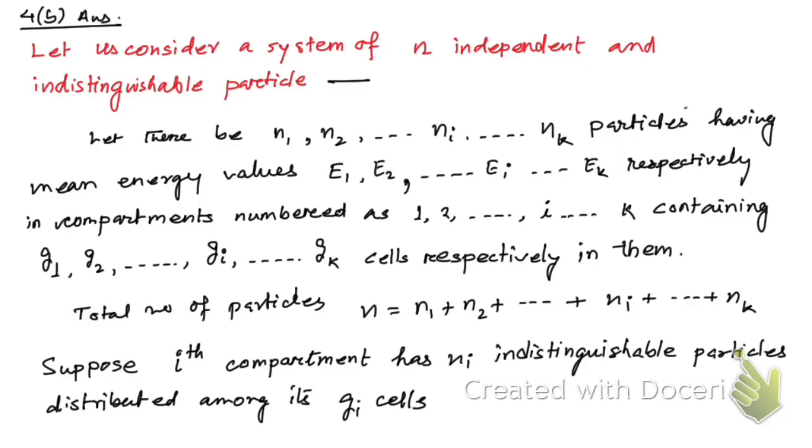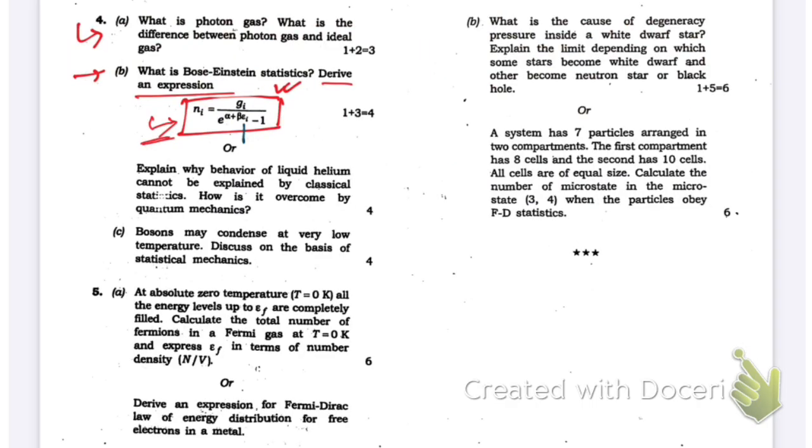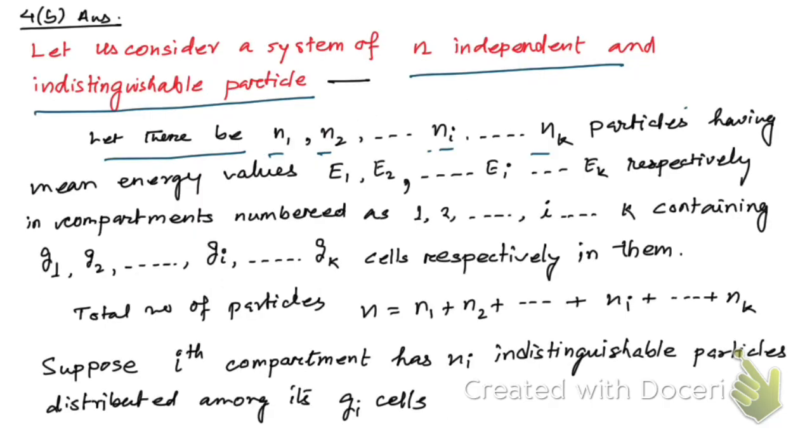Let me consider a system of n independent indistinguishable particles. Let there be n1, n2, ... ni ... nk particles having mean energy values ei. In the question's expression you can see that instead of using E for energy, epsilon is given.